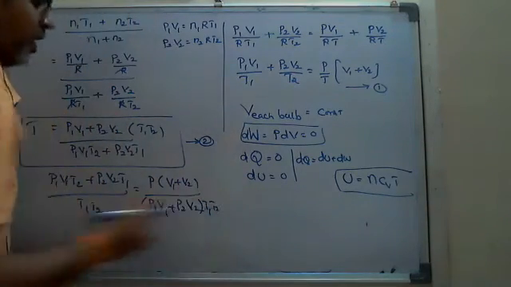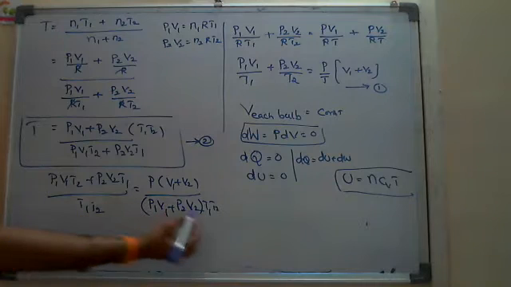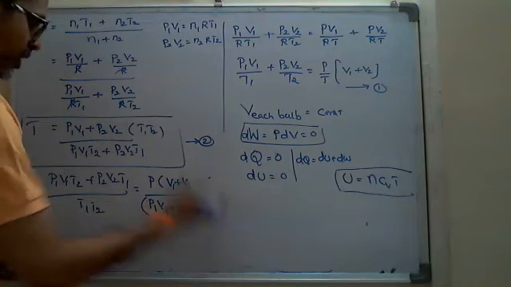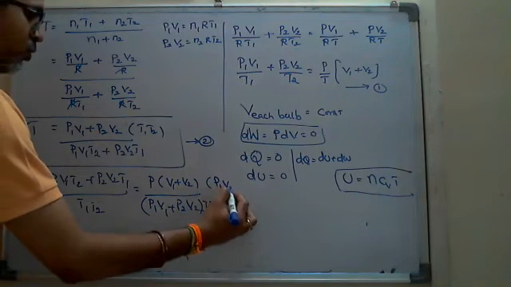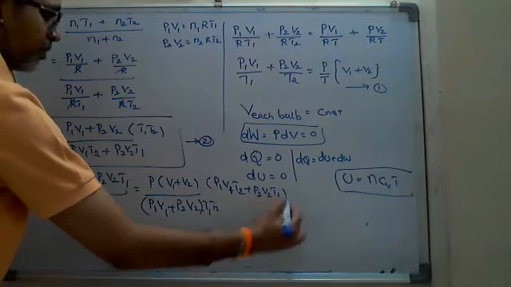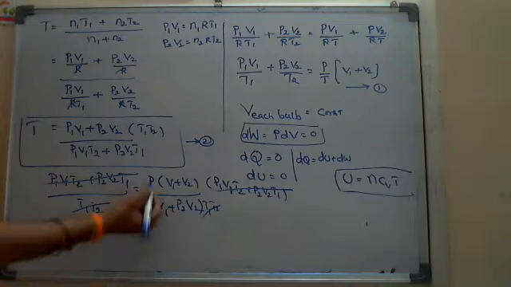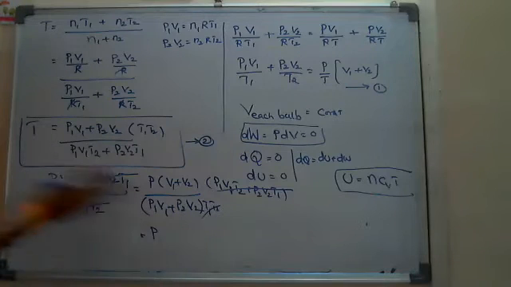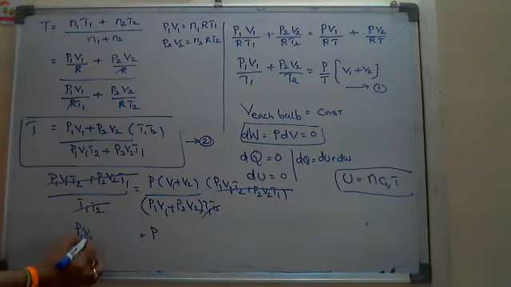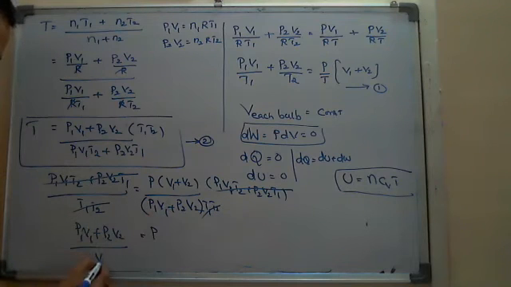Even though it appears like a big equation, finally you get the common pressure, your known equation. This part and this part get cancelled. Therefore, common pressure equals (P1 V1 plus P2 V2) divided by (V1 plus V2).